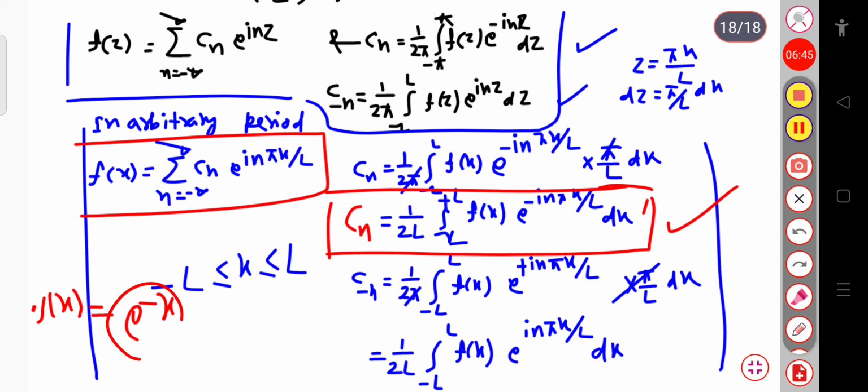If the limit is given as minus 1 to plus 1, you put minus L and plus L as minus 1 and plus 1. After calculating Cn, you put it in this series, which will give the Fourier series. In the next video we will calculate this.